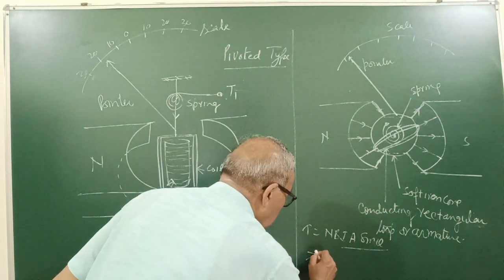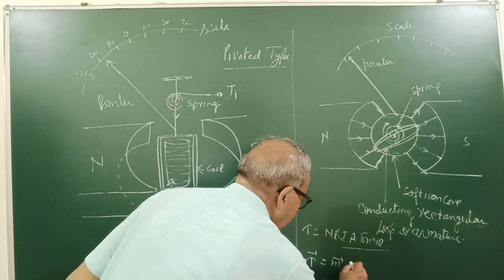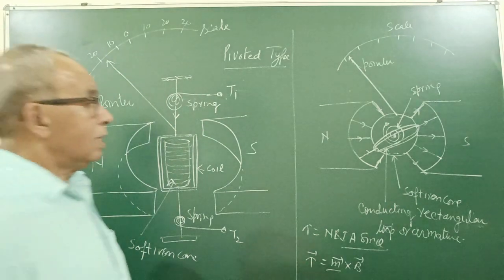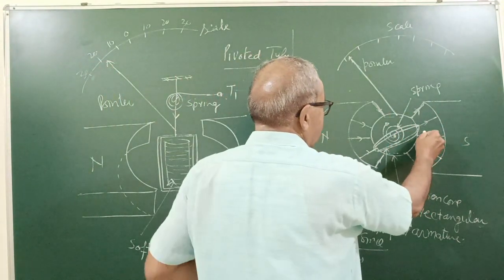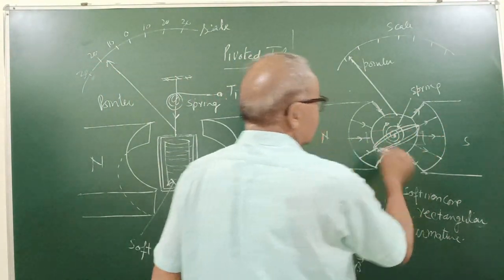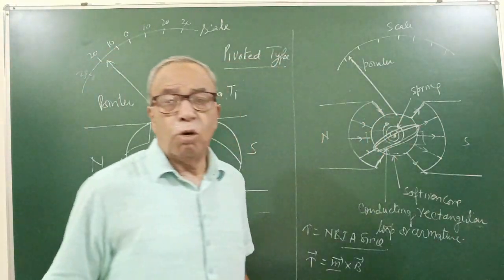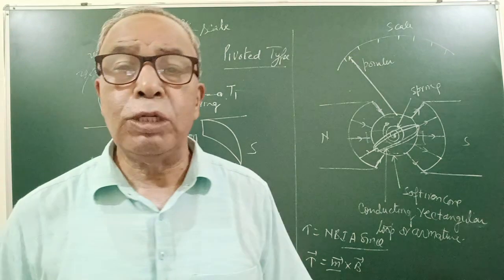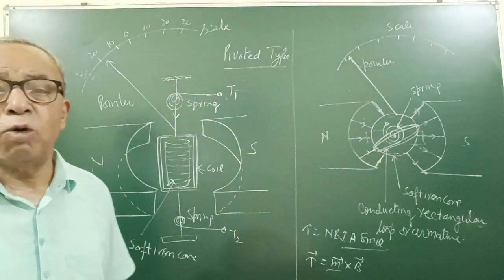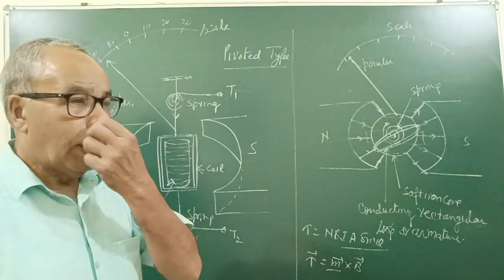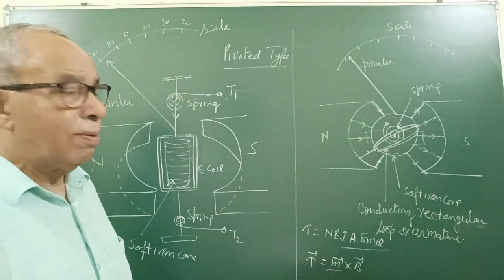I explained tau equal to m cross B, where m is the magnetic moment along the normal of the loop. When it rotates this way, these field lines become parallel to the plane of the loop. So in a galvanometer we use a radial field, in which the plane of the loop always remains parallel to the magnetic field.